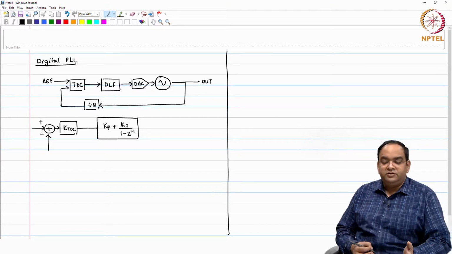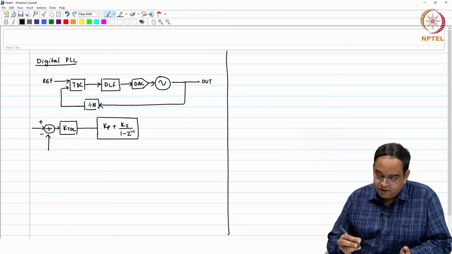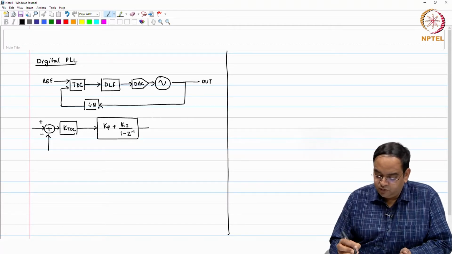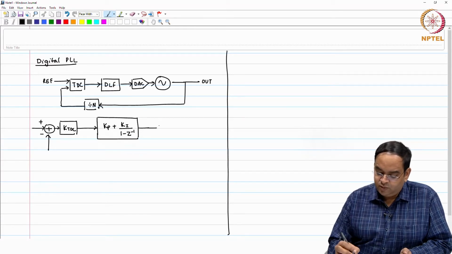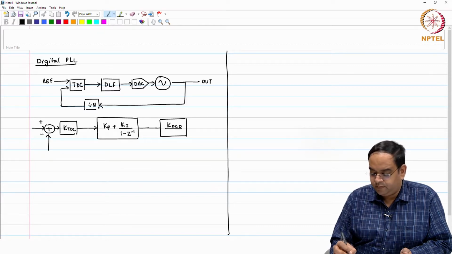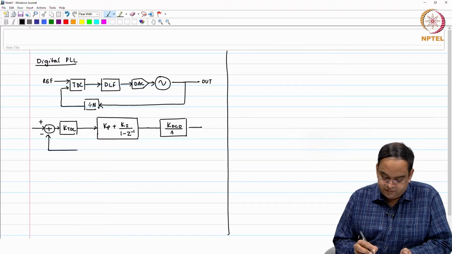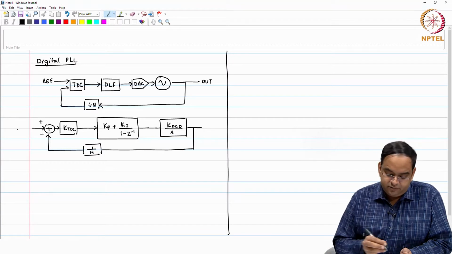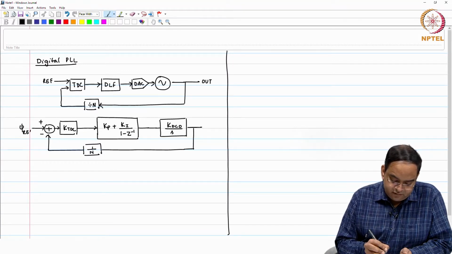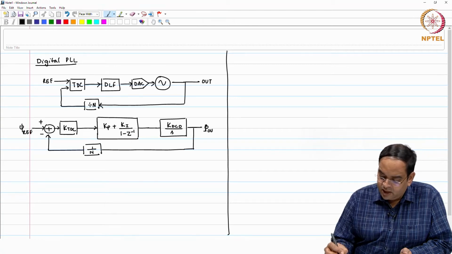Here Z stands for e power st, where t is the reference period. This goes through your DAC and then the DAC combined with the VCO gives you transfer function like KDCO over S. The output of this comes back with a feedback ratio 1 over N. This is what we had. In terms of phase, I can write this as phi ref and this is phi out.